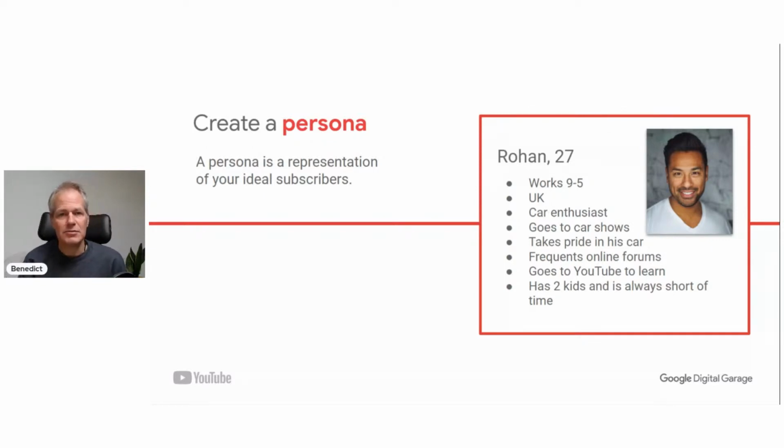If you already have subscribers, of course, use them to create your persona as they resonate with your content, those ones who are following you already. And then utilize tools that offer statistical insight into how subscriber behavior translates to the web. Now, we're going to look at YouTube analytics later in this session.